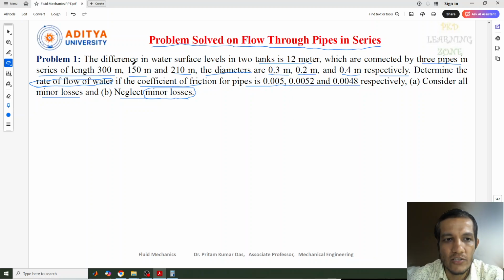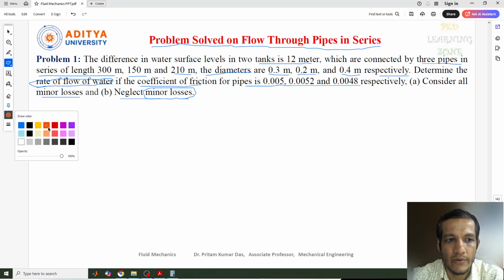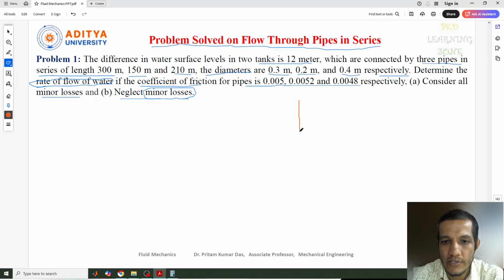Based on this question, we can draw a diagram. Suppose this is a tank, because the surface levels of two tanks are given, and from this tank the next connection is there. Suppose this is the pipe, and here the diameters are different.